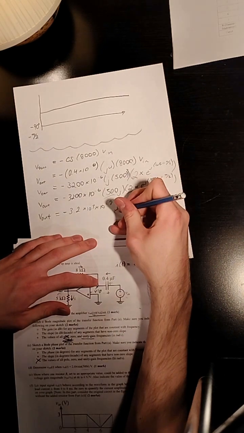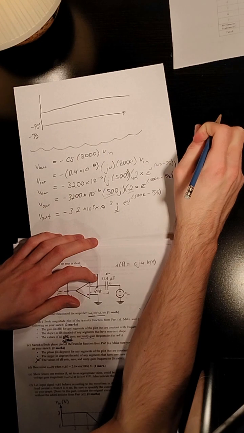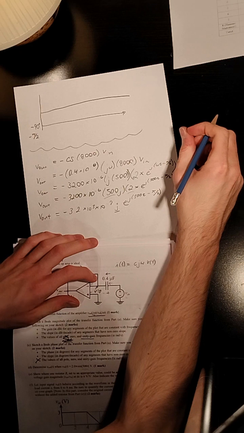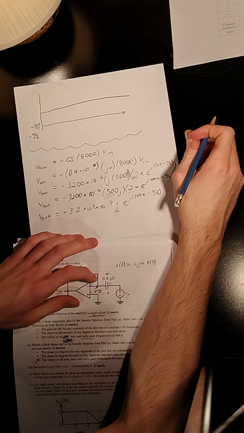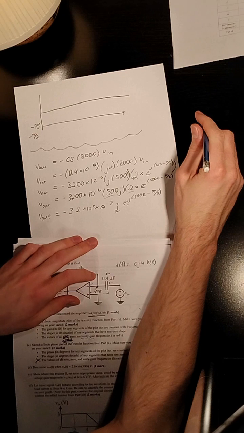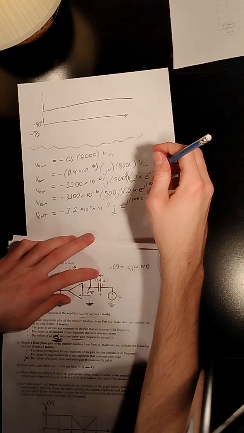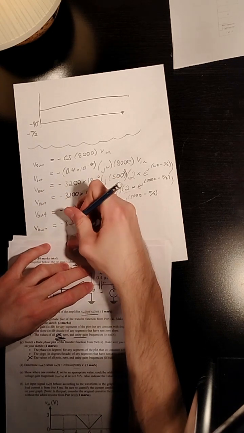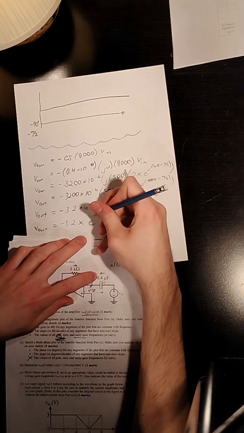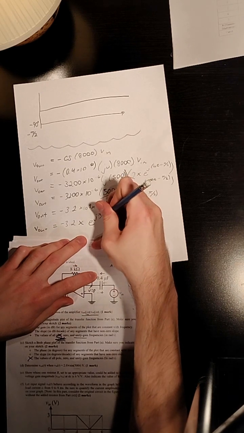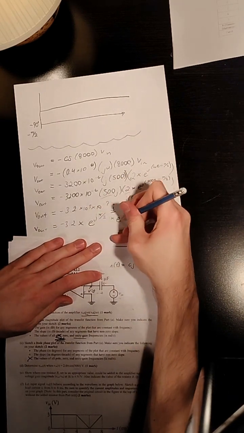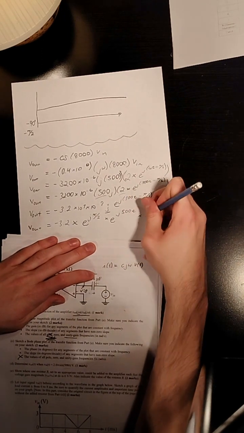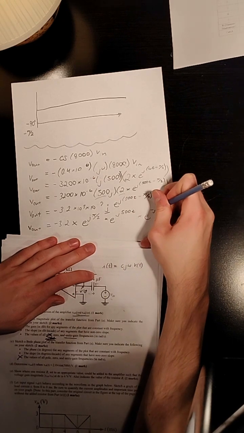And then I would make the argument that j is equal to e to the power of j pi by 2. So V out is equal to negative 3.2 times e to the power of j pi by 2 times e to the power of j 500t times e to the power of negative j pi by 2.